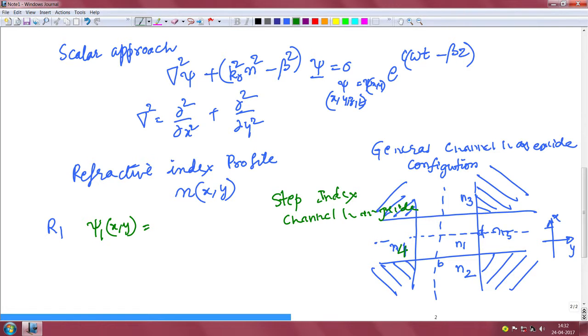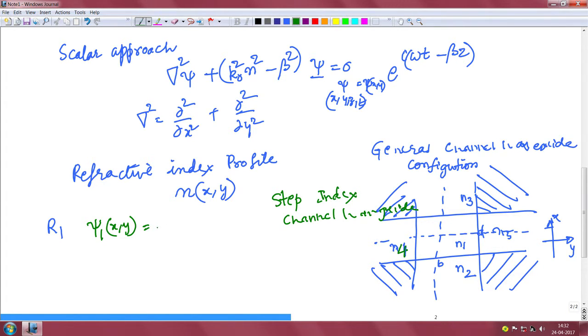So, we can say that the field variations are as follows. Instead of considering a sine plus b cos notation, we can put the other arbitrary constant in terms of the phase like this.